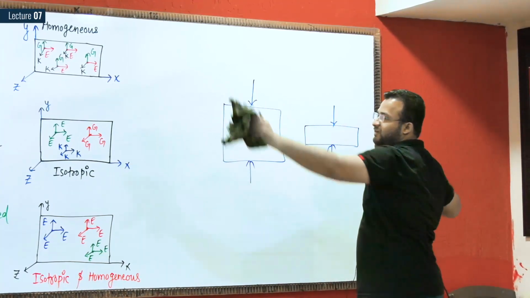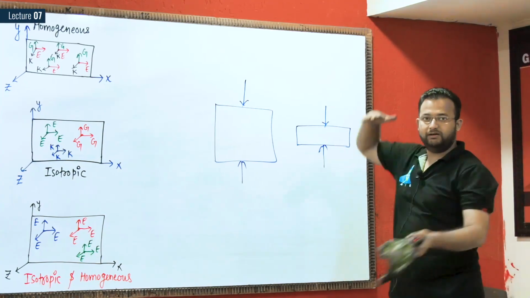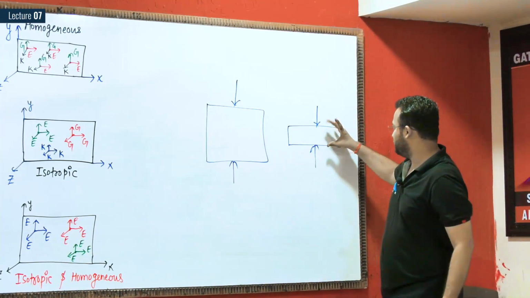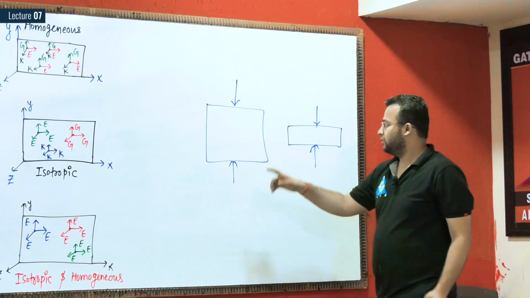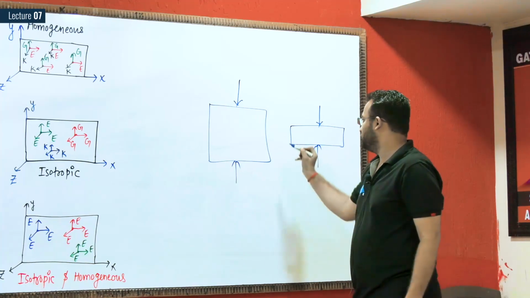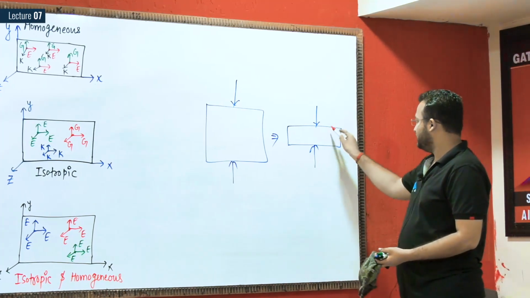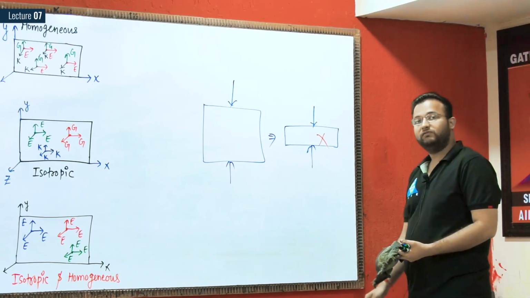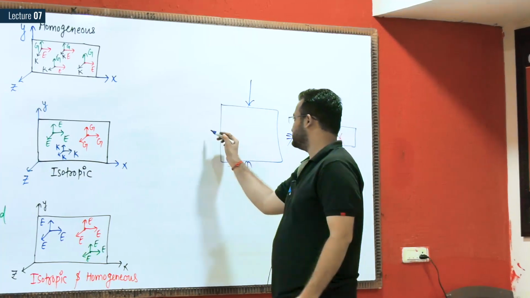the lateral direction will expand. The material will expand in the lateral direction, but it will get compressed in the longitudinal direction, along the direction of load. So you are applying this system and getting this system. But we are not interested in this condition. What we want is the system to look like this.